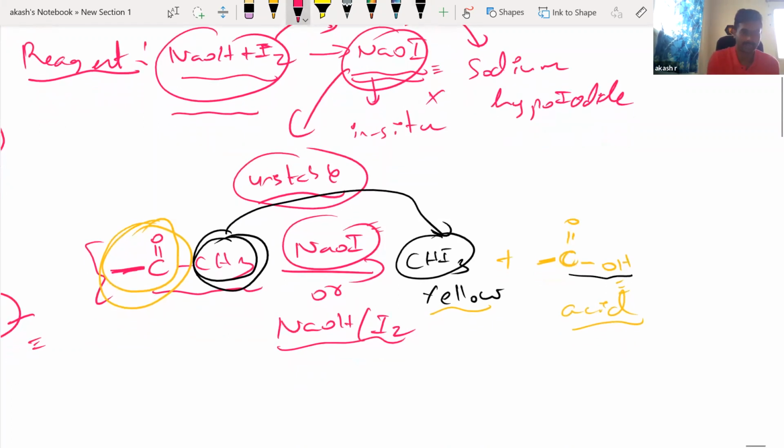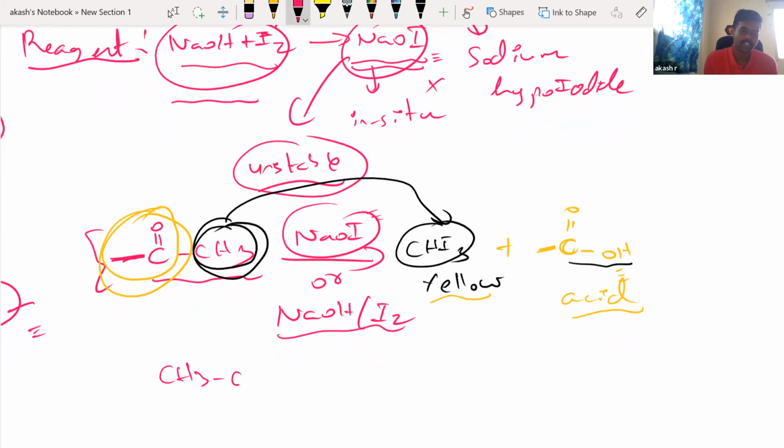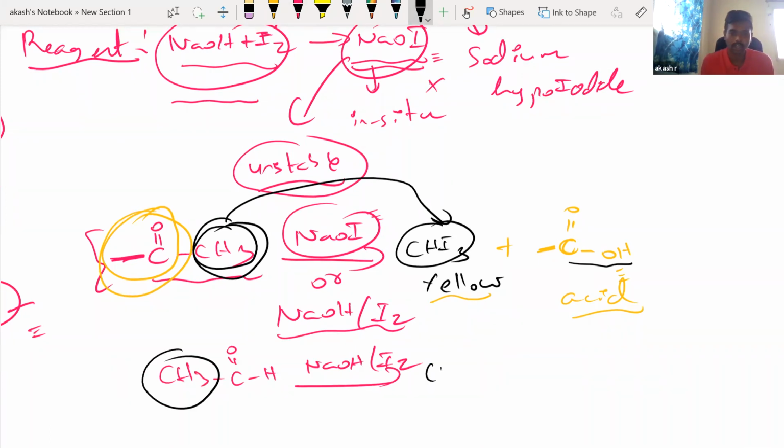Say, for example, I have CH3 C double bond O with the H, that is CH3CHO, and I'm going for NaOH in the presence of I2. Now, what did I tell you? The CH3 attached to the C double bond O will form CHI3. What is remaining now is this part.